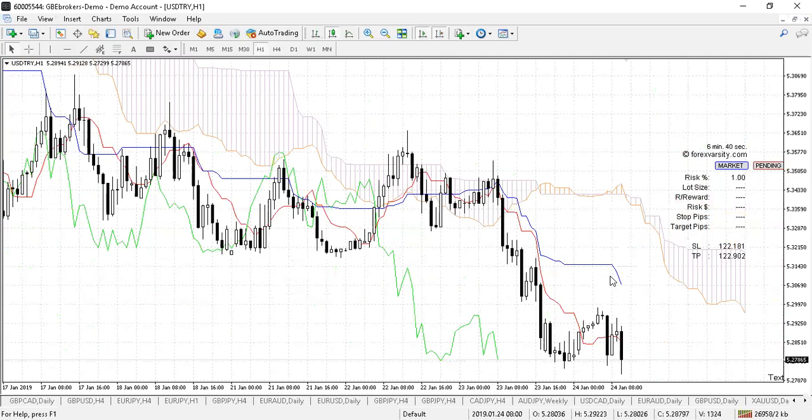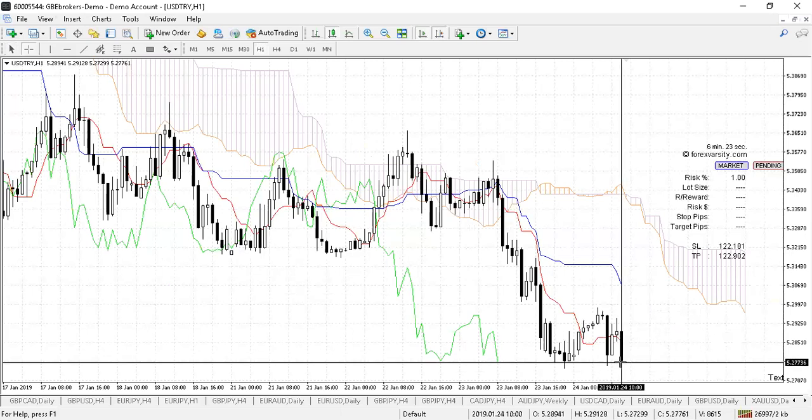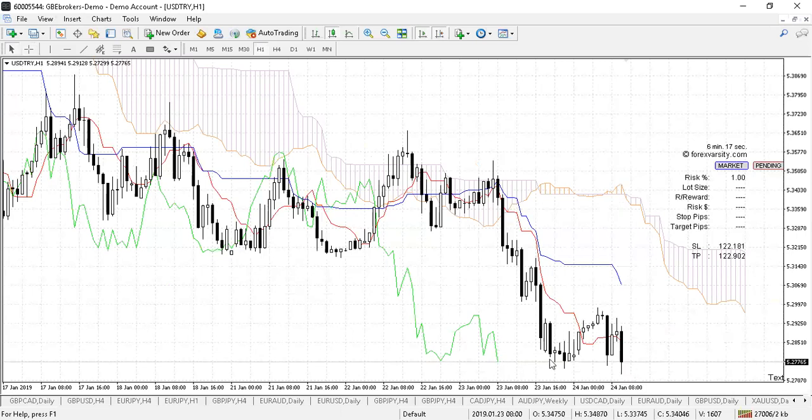And then you've got one last thing that we look at, which is called your lagging span. What it does is it shows the current price, but it plots a line 26 candles ago. So if I measure from there to there, you can see on the indicator it says 26, which means it's 26 candles again.